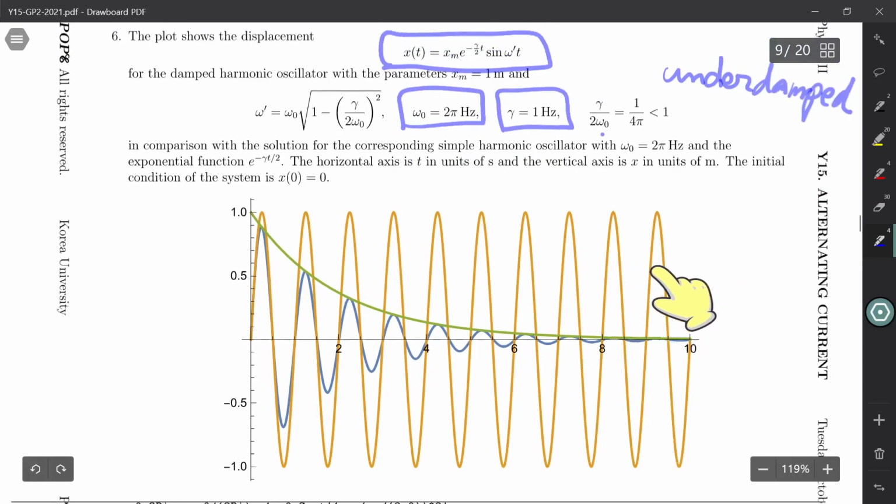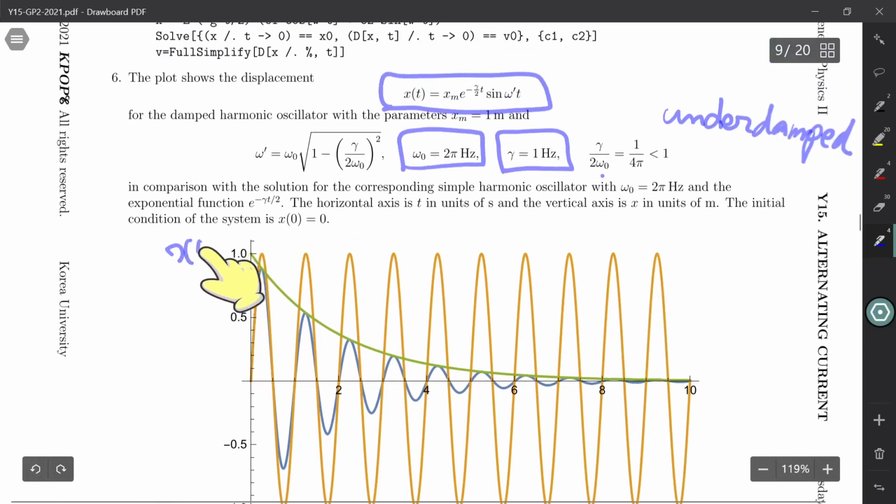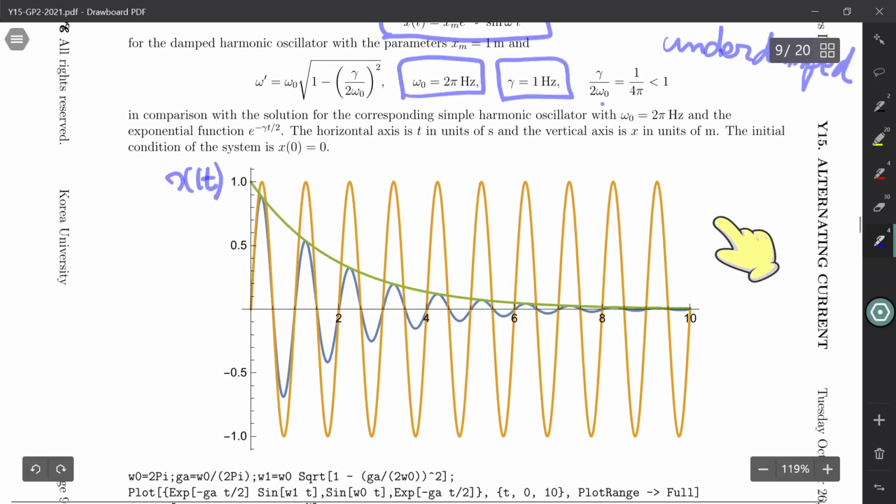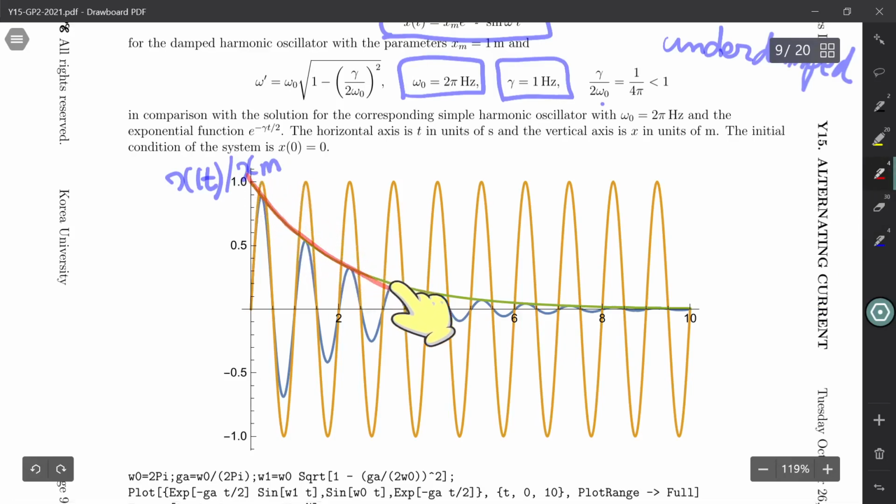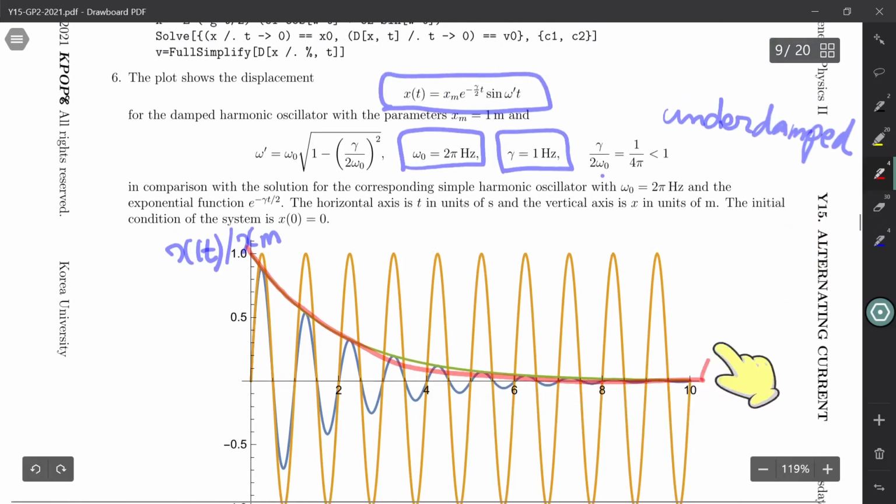We draw the plot for x of t, in units of xm. We find that the exponential function is here. That exponential function is exponential minus 1/2 gamma t.